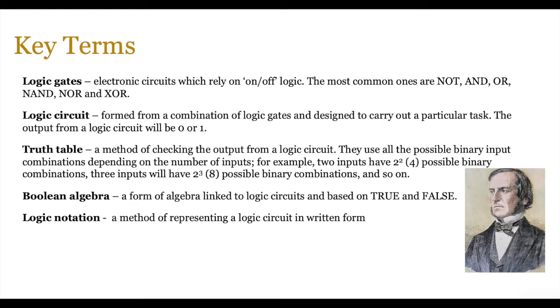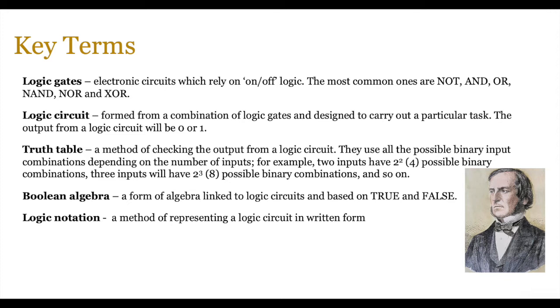Now, George Boole was so obsessed with mathematics that he actually taught himself French so he could read a book called Differential and Integral Calculus in its original language. And by the age of 16, he was teaching mathematics in a local school, and by 19, he'd opened his own school in his hometown of Lincoln.